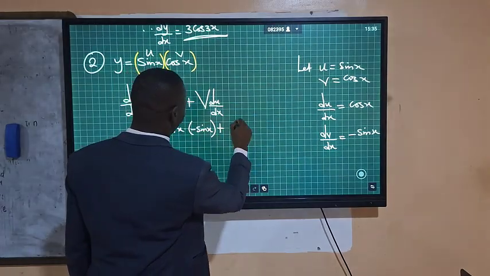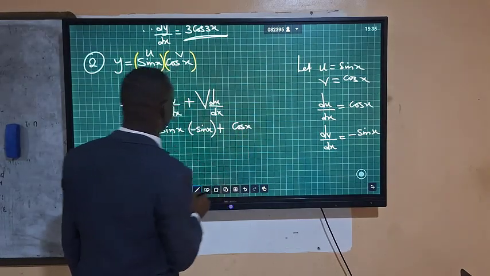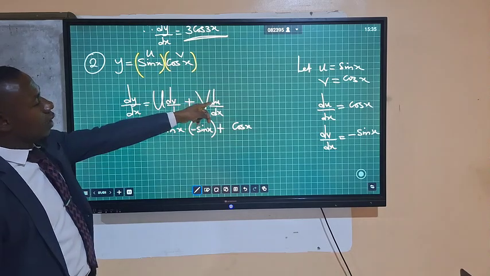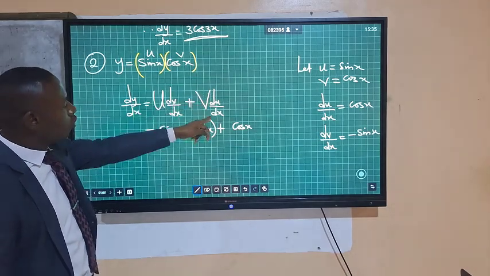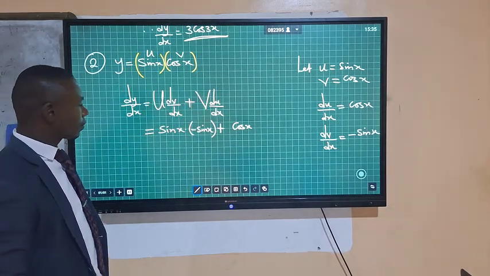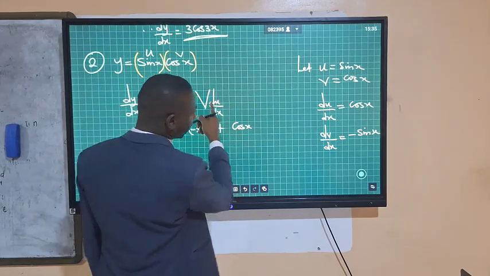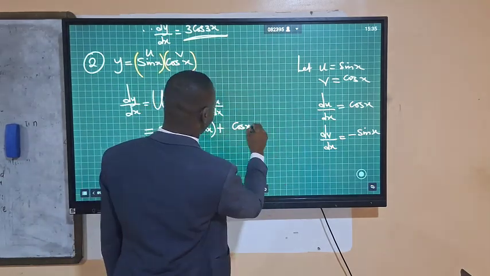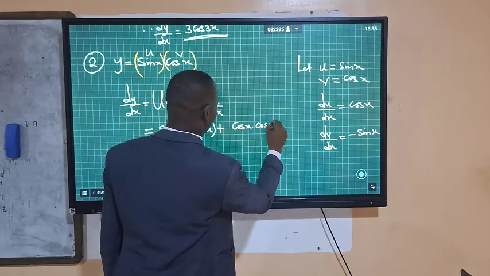V is cos x, then times du over dx. Du over dx is cos x also.